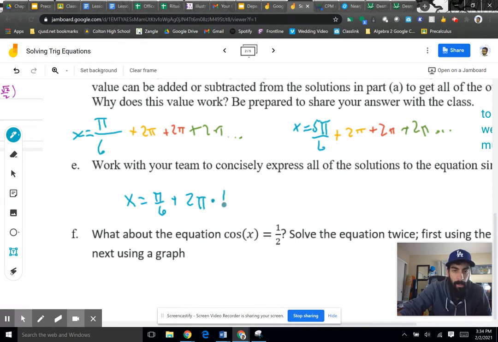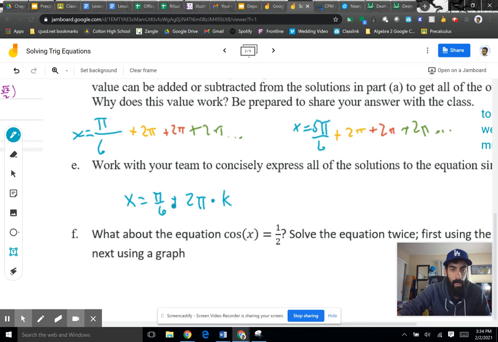I'm going to call that number of times k. K can be any whole number. We'll write that in a second. So if I wanted to get the first solution, pi over 6, I could make k 0. Pi over 6 plus 2 pi times 0 just means pi over 6 plus 0, which is pi over 6.